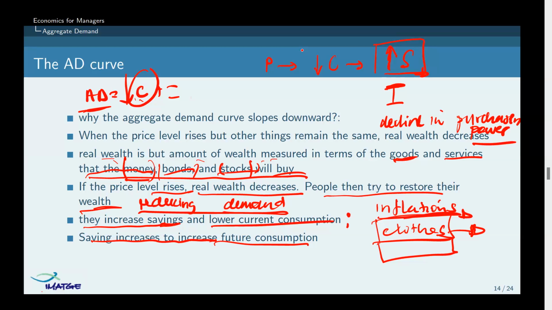That's why we say that aggregate demand currently falls. Whether investment increases or not depends on the willingness of companies to invest, because there's a case whereby we have a lot of savings as an economy, but companies are not investing.